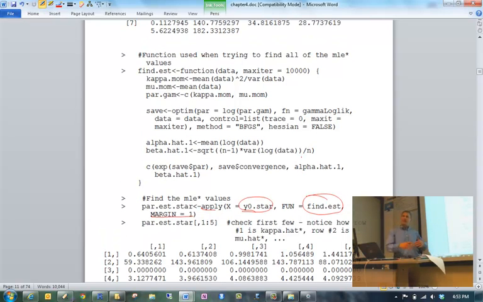So again, I had to write another little function to do this. You can kind of see why this is all kind of long. So essentially, how we found the maximum likelihood estimates before, I need to put this all into one function. I find my MOMs, put them into one vector, use the optim function. I also need to find my maximum likelihood estimates for the log normal.